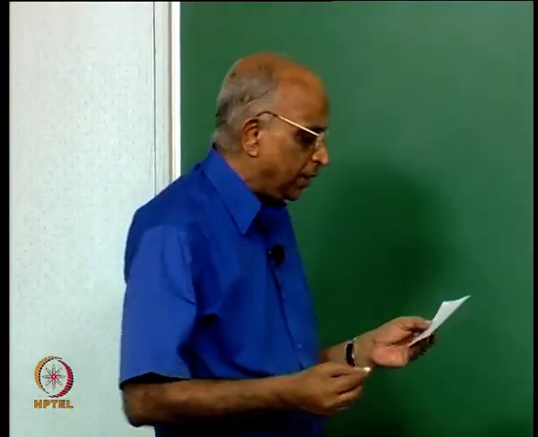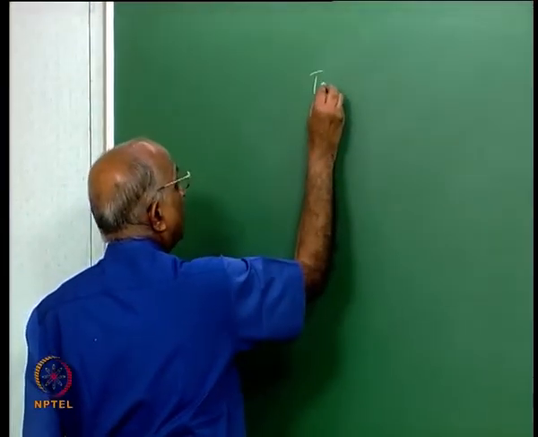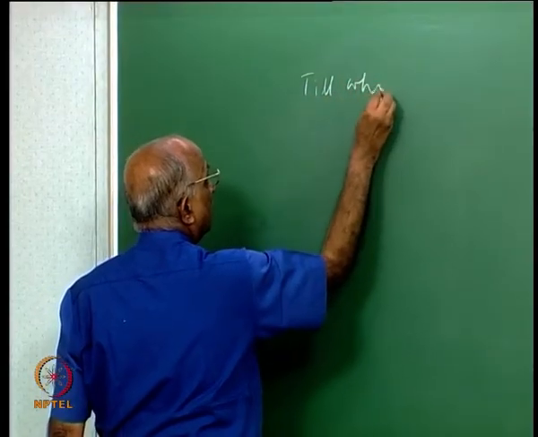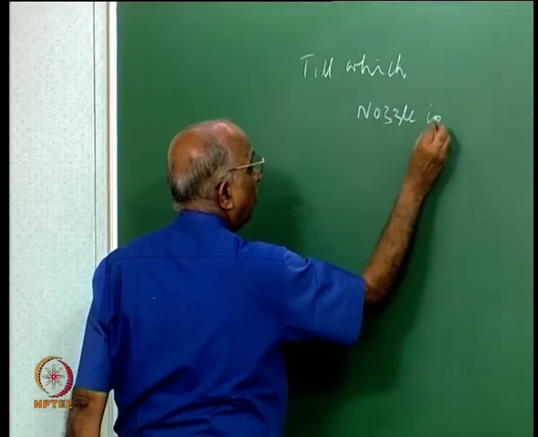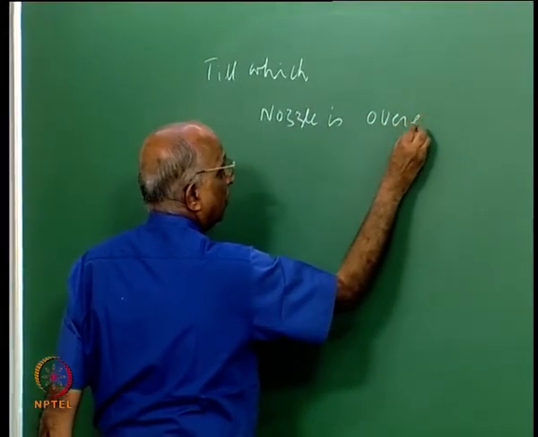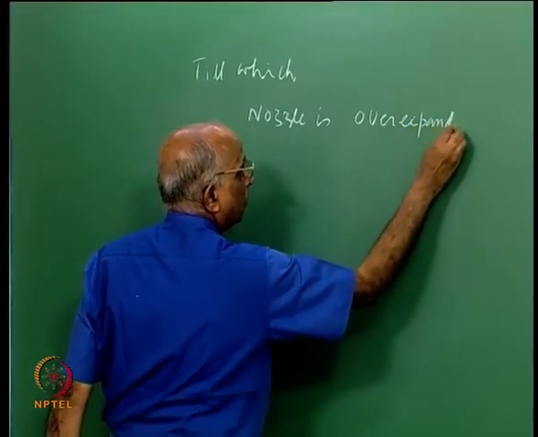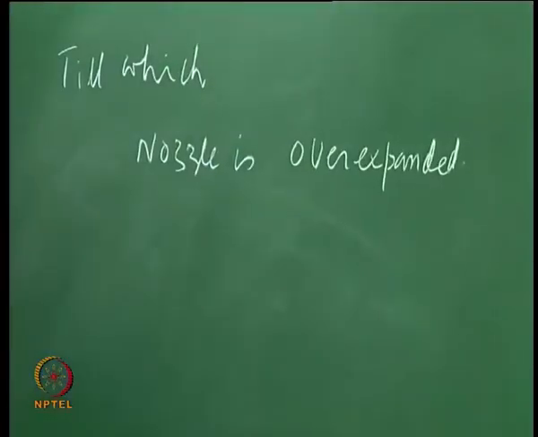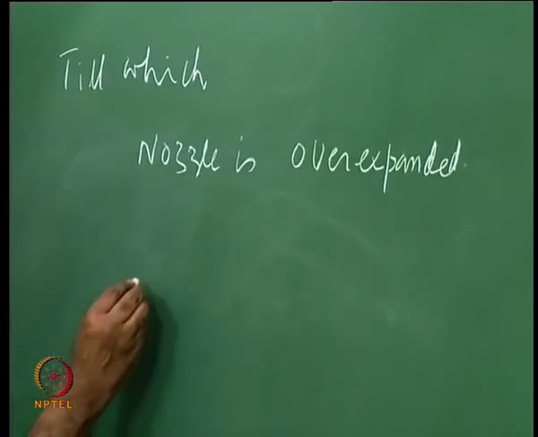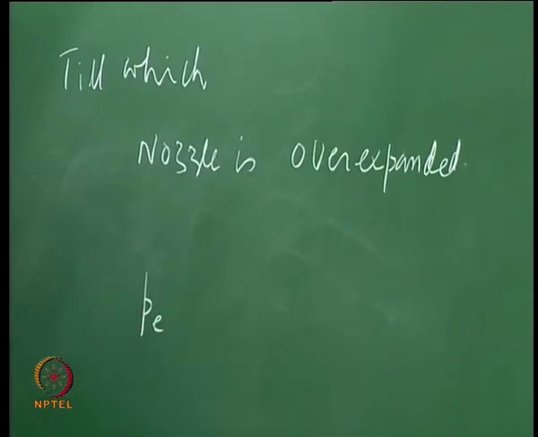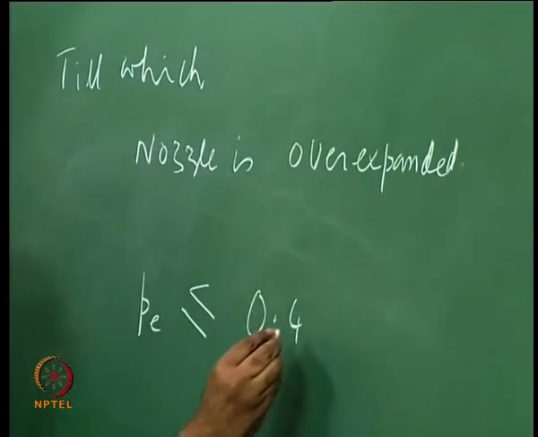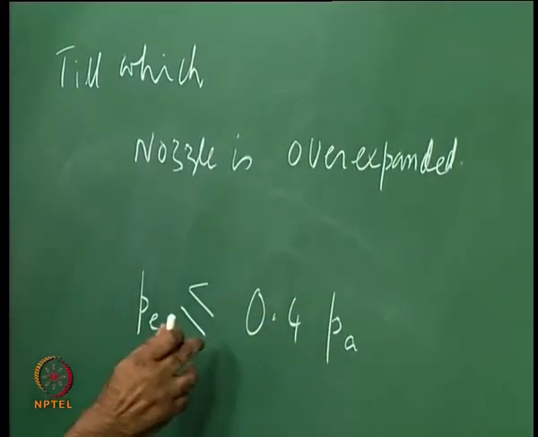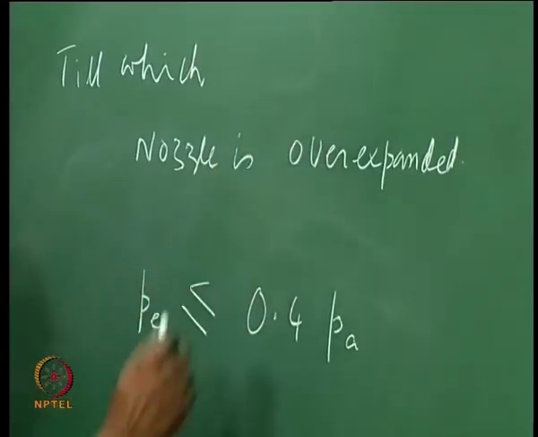We want to determine the altitude till which the nozzle is over expanded. For this we apply the Summerfield criterion, which states that when the exit pressure of the nozzle is less than or equal to 0.4 times the ambient pressure, then the flow is over expanded, and this we looked at.